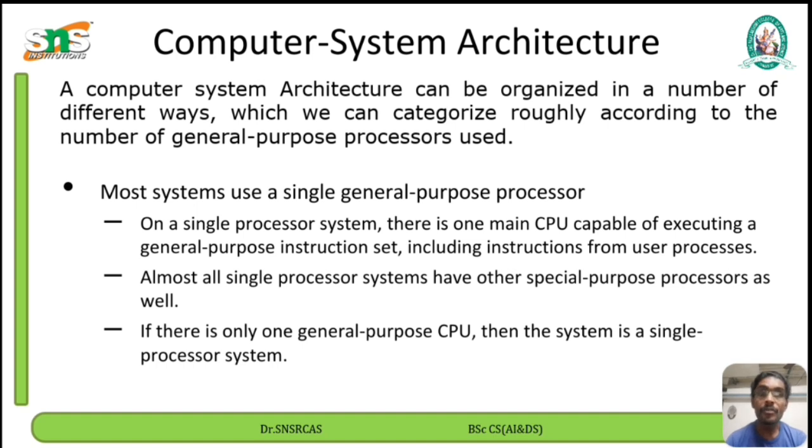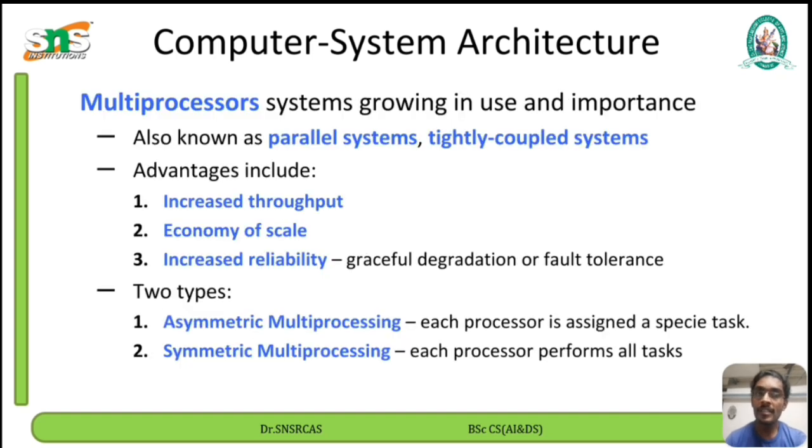If you have more than one general purpose CPU, then it is a multiprocessor system. Here is an idea about what a multiprocessor system is and how it is growing in use and importance.